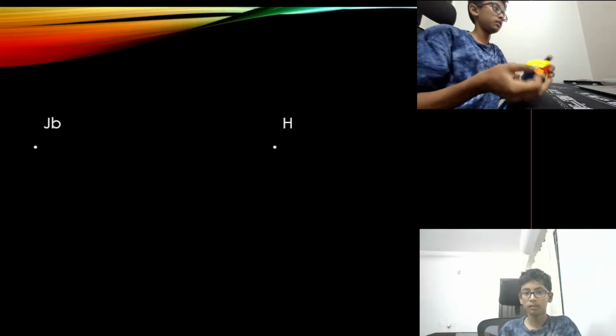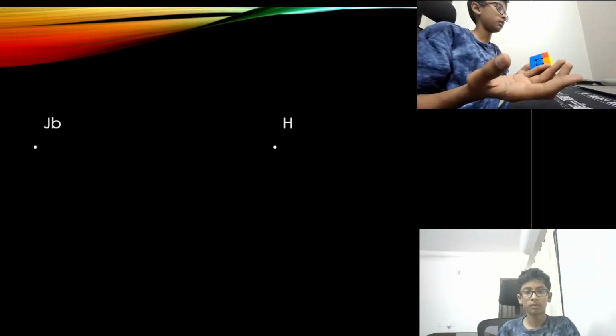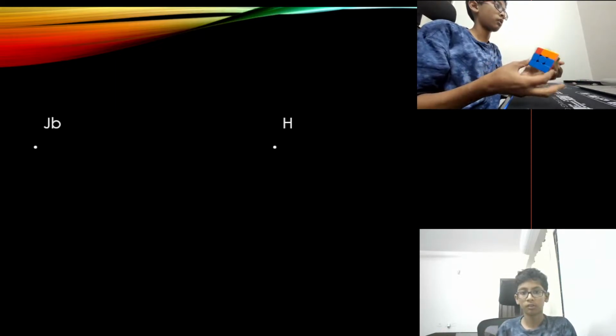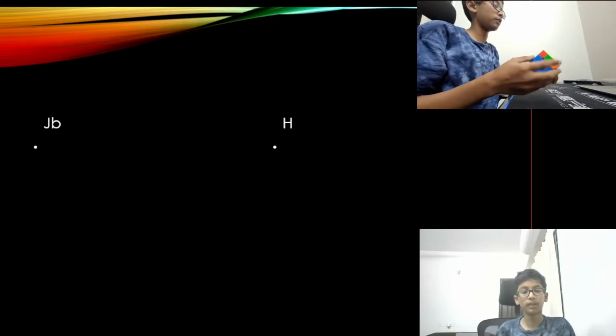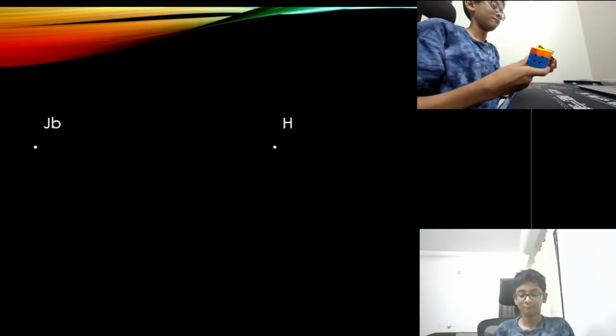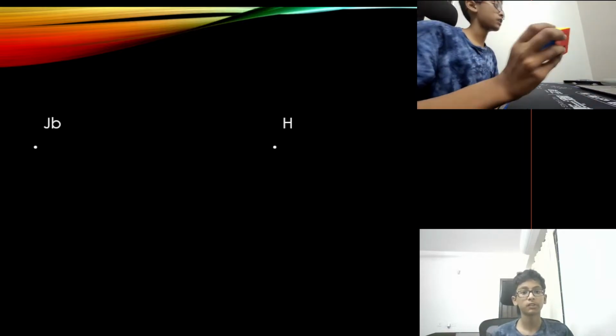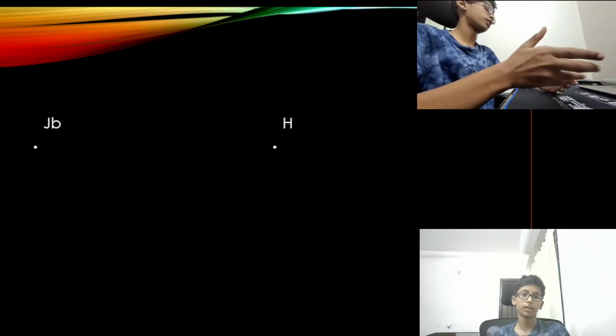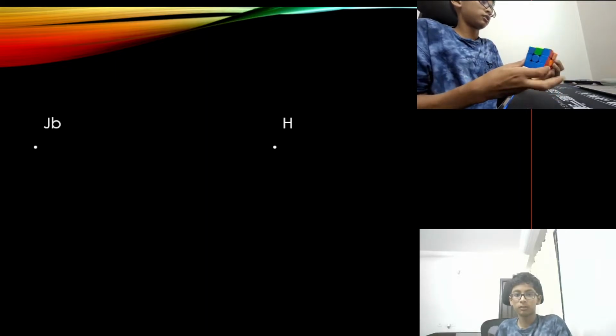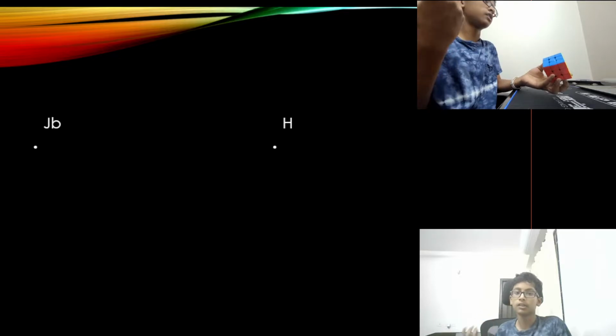Jb and H are both fast. Here's Jb, it's fast, and H. They're both very fast, but the reason why I chose H is because H is quite easy to do, it's easy to get fast at, and it's easy to learn.